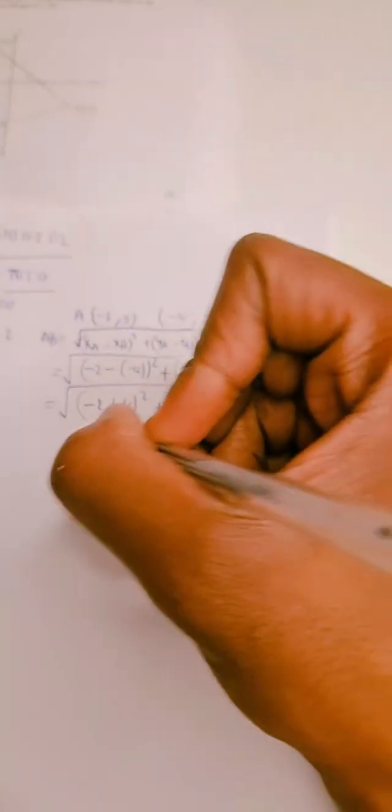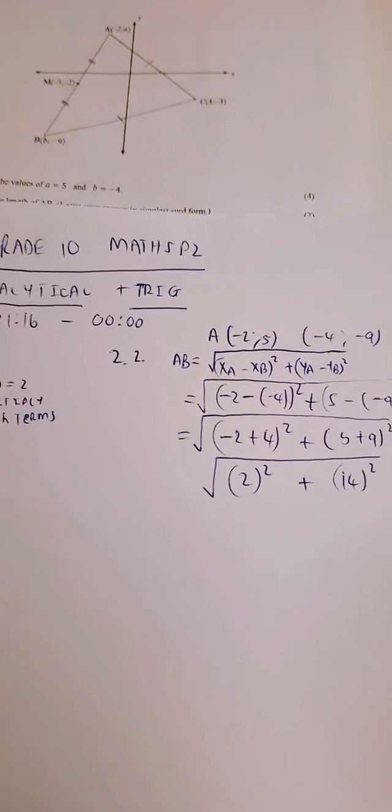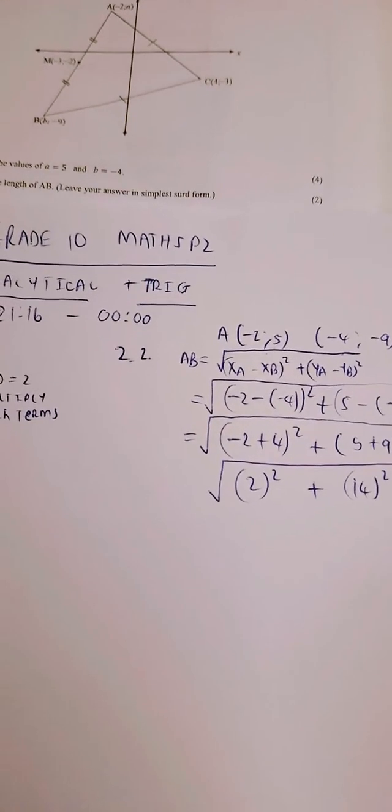-2 plus 4, guys, is 2. So we have 2 squared. 5 plus 4, that gives us 14 squared. Okay, so we can then finish off.